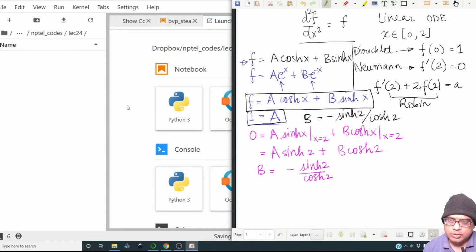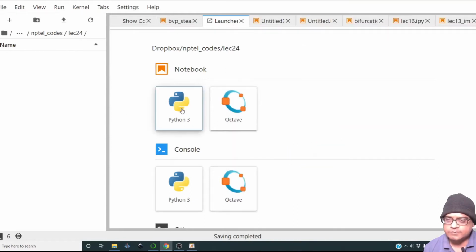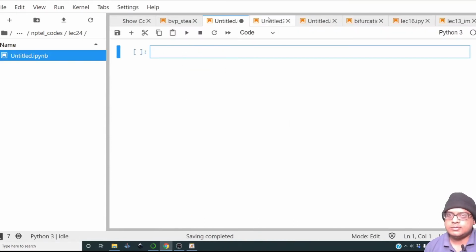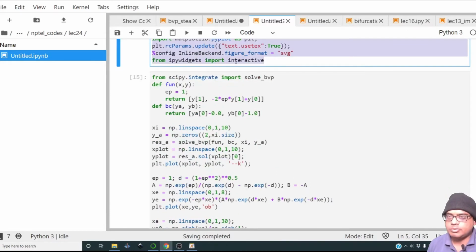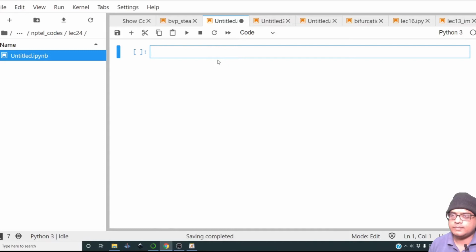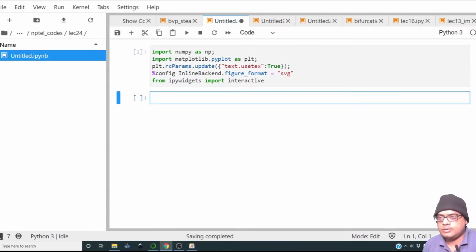So let us go and create a new file. Let me copy this bit of code. All right, so let me then create a linspace between 0 and 2.